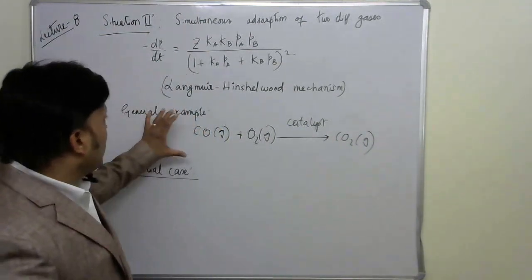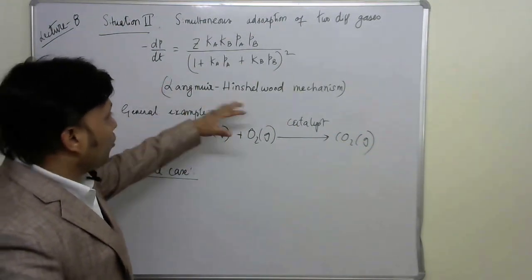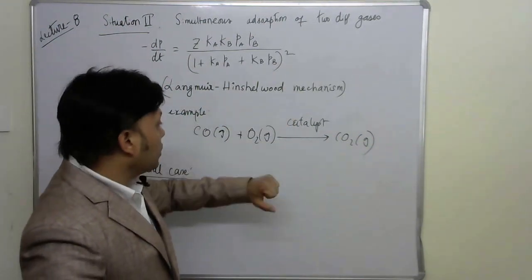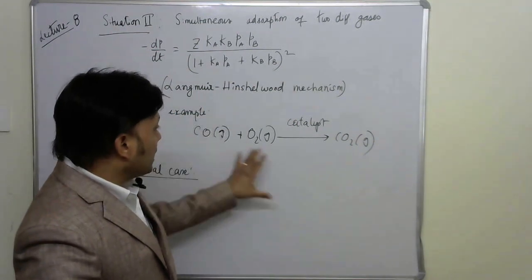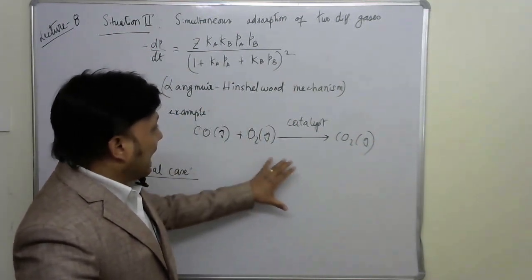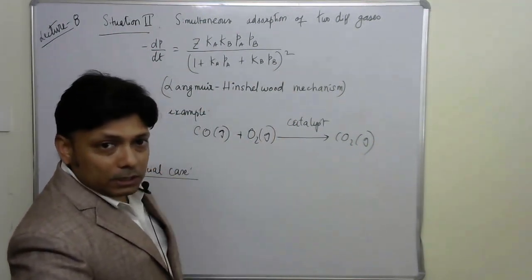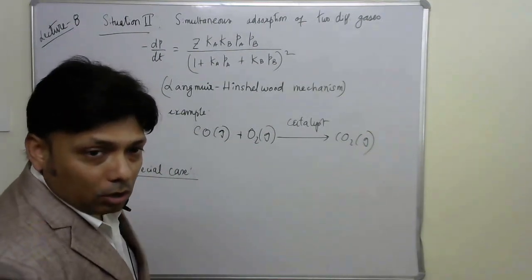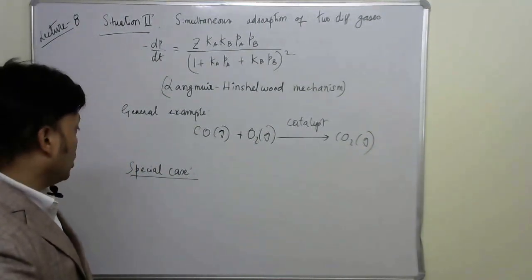This follows the Langmuir Hinshelwood rate equation, and this reaction takes place at the catalytic converter of the automobile's gas exhaust chamber.